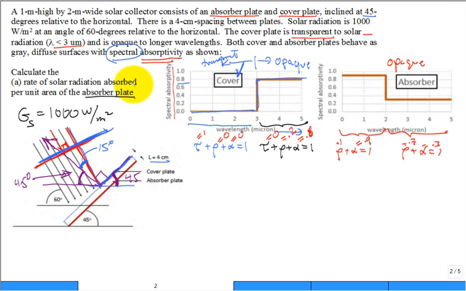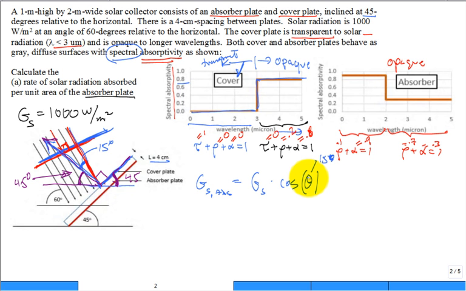But if I say the rate of solar absorbed per unit area, it'll have G solar absorbed equal to G solar incident times the cosine of an angle that's between the normal of the surface going out, this perpendicular coming out, and the angle of the incident coming in, which we just calculated as 15 degrees. True?